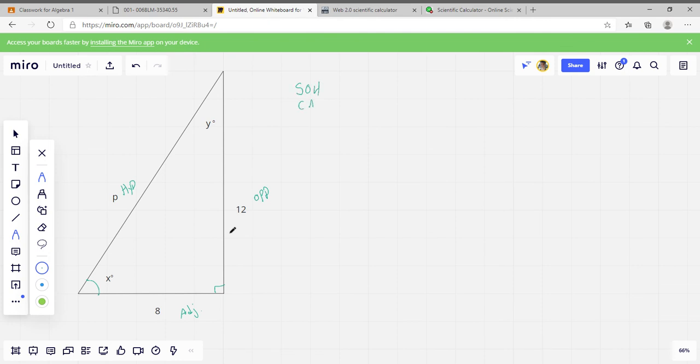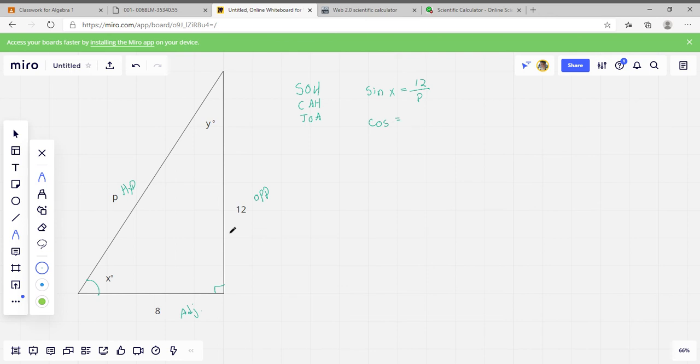So, SOH CAH TOA. Our sine of x would be opposite over hypotenuse. Opposite is 12, our hypotenuse is p. That's not going to do us any good.